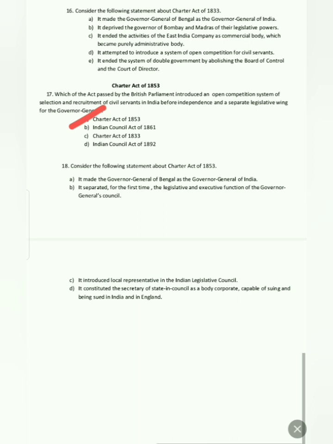It made the Governor General of Bengal the Governor General of India. Wrong, that was 1833. It separated for the first time the legislative and executive functions of the Governor General's Council. Correct. It introduced local representatives in the Indian Legislative Council. Correct. It constituted the Secretary of State in Council as a body corporate capable of suing and being sued in India and England. Absolutely wrong.